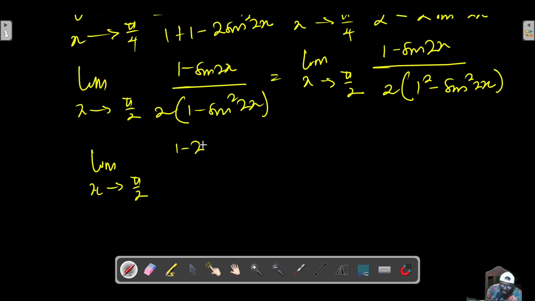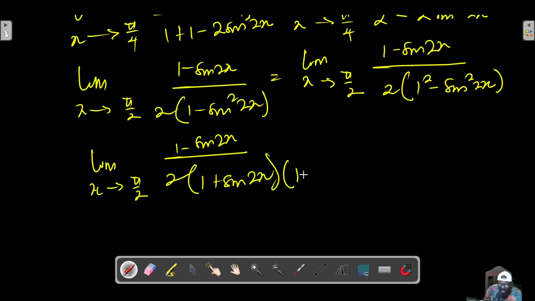Now, for the denominator, as I said, you can factorize, write this as 1 plus sine 2x multiplying 1 minus sine 2x. That is factorizing it as difference of 2 squares.